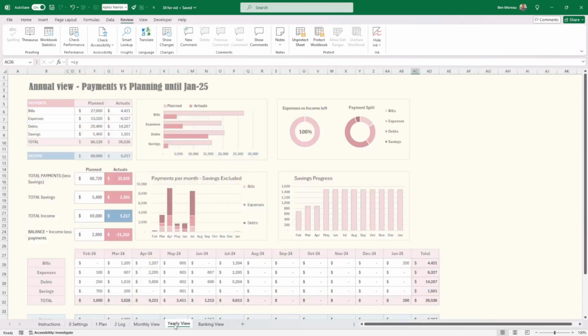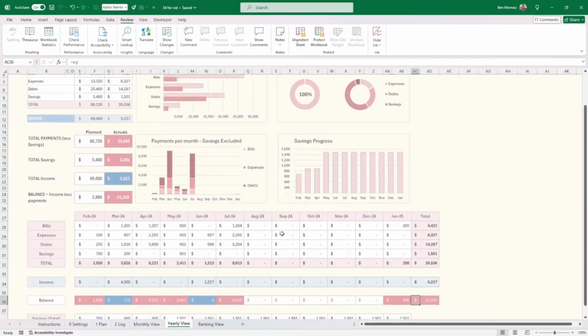Now we can go into the yearly view. So I have put February here, so I might as well leave February just to reinforce the idea that you can start with any month really. And then down you go. So here you have bills, expense, debts, and savings, the 4 payment tabs that I have selected month by month.